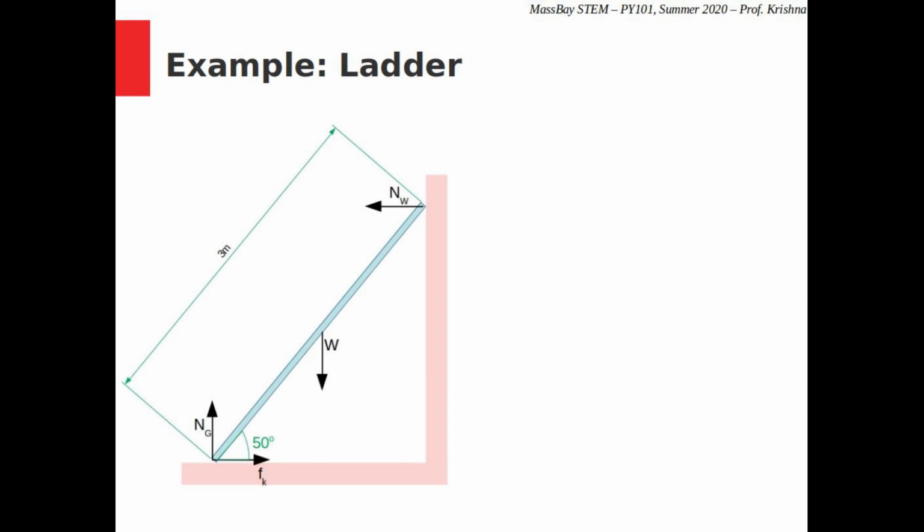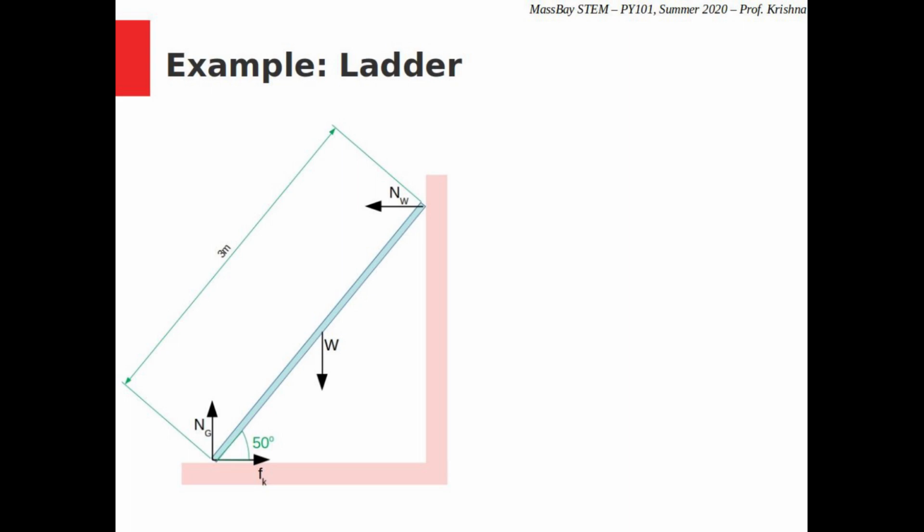There's a class of torque puzzles called statics puzzles. In a statics puzzle, an object is not moving. For this to occur, all the forces need to add up to 0 and all the torques need to add up to 0. Here we see a 3-meter 15-kilogram ladder leaning against a wall at an angle of 50 degrees.